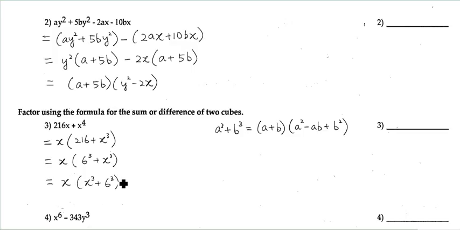As you can see from the formula, if you flip the a and the b around, it doesn't make any difference because addition has the commutative property. So if you let a be x and b be 6, that is perfectly okay.